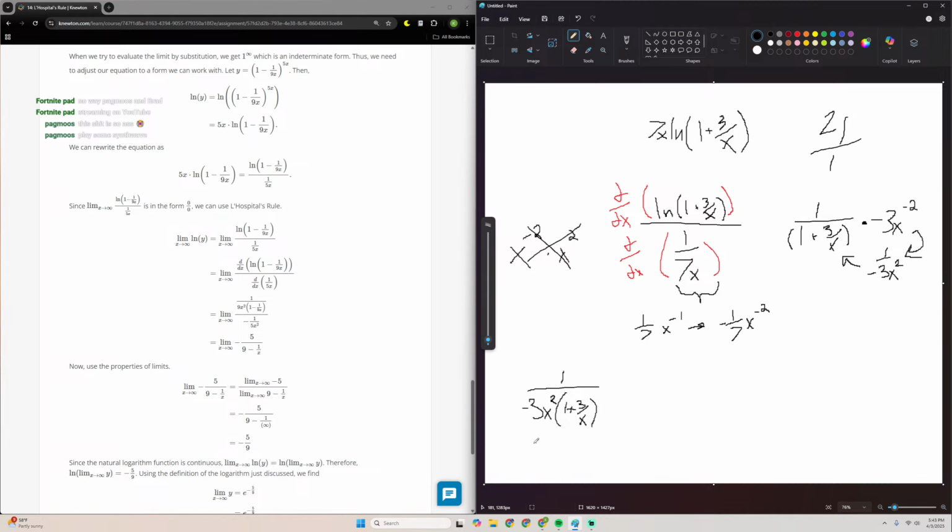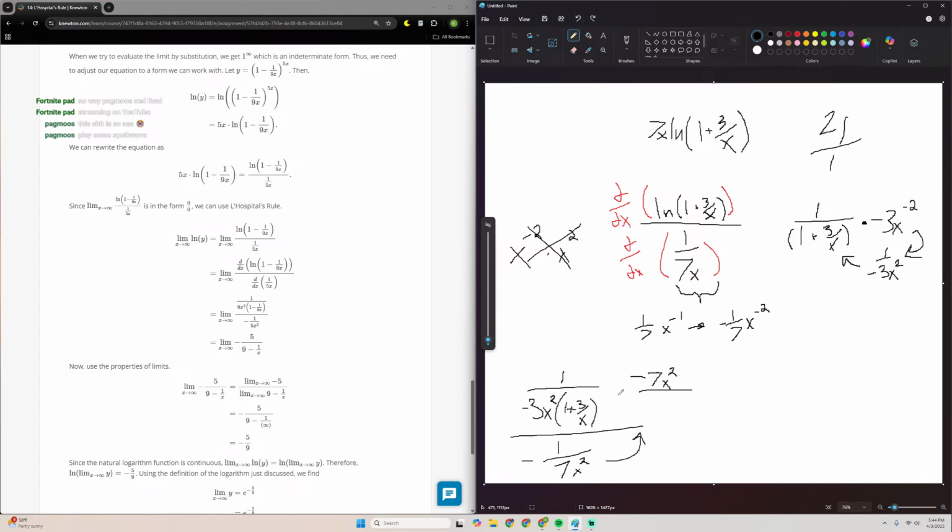Since this is like that, this is all then divided by 1 over 7x to the negative 2, which then goes upwards to become multiplied by 7x squared. Is it still negative, right? His was negative, and then he made it still negative. Erase this. Put this right here. This becomes negative.